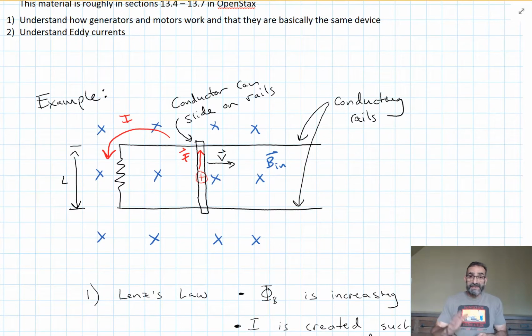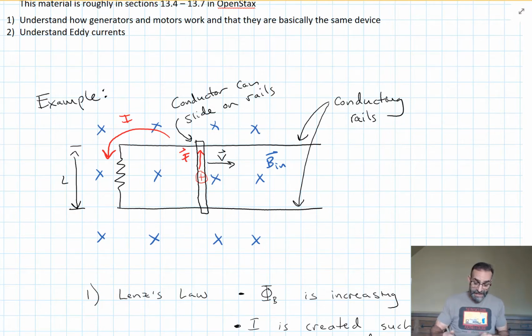We saw in the last video that when you have a conductive bar moving in a magnetic field, the charges move, and this charge separation creates an induced EMF across the length of the conductive bar. Here we have a bar moving in a magnetic field, and so charges are going to move. The positive charges are going to end up at the top of that bar, the negatives at the bottom, and that's going to induce an EMF in the loop.